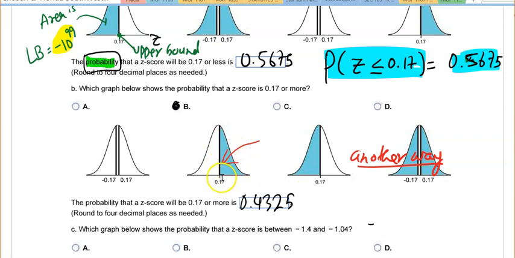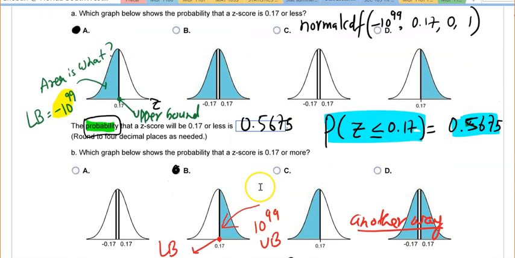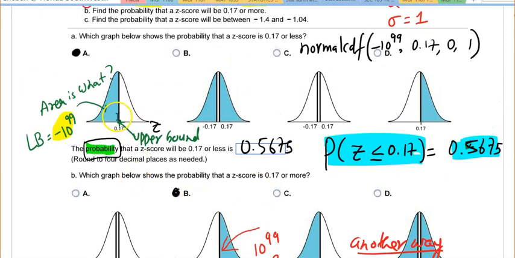You can see that. Therefore, this number here on the left is going to be the lower bound. LB is 0.17. For the upper bound to the right, do you know what number bounds it? No, there is no such number. Therefore, for the upper bound you use 10 to the power 99. Compare to the previous one, where you had an area on the left, right?